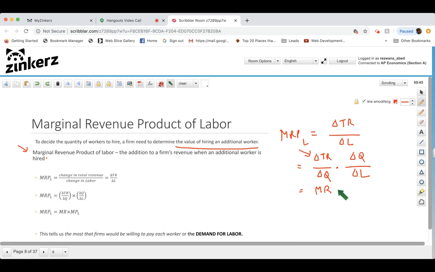We have seen this before, and we called this the marginal product of labor. So the MRPL really boils down to the product of these two things: the marginal revenue times the marginal product of labor. We got this by manipulating the formula, just tweaking it a little bit, but this tells us something valuable, as we will see.